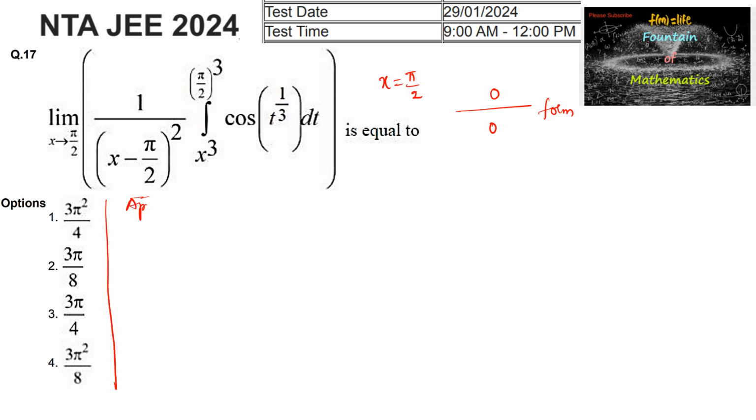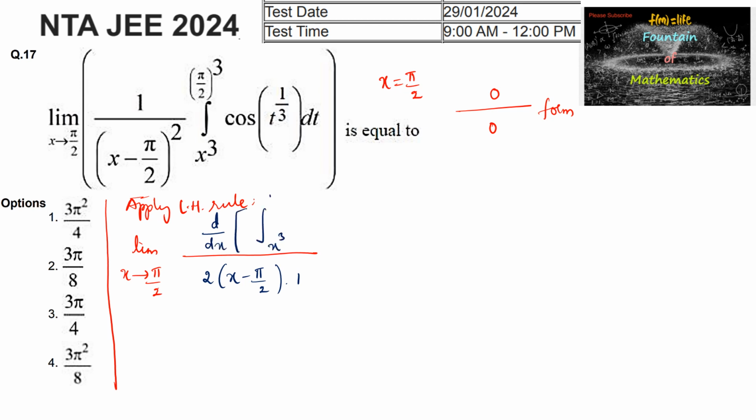Let us apply L'Hospital rule, differentiating the numerator and denominator. So limit x tends to pi by 2. The denominator differentiation is 2 times of (x minus pi by 2) into differentiation of x, which is 1. And the numerator part, I can write d by dx of the integral from x power 3 to (pi by 2) whole power 3 of cos of t to the power 1 by 3 dt.